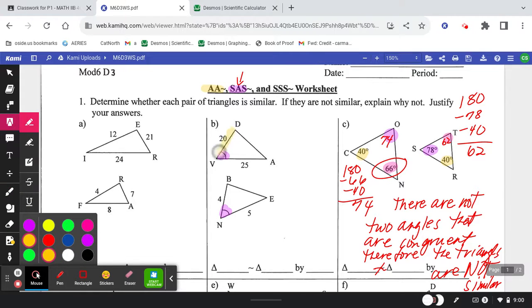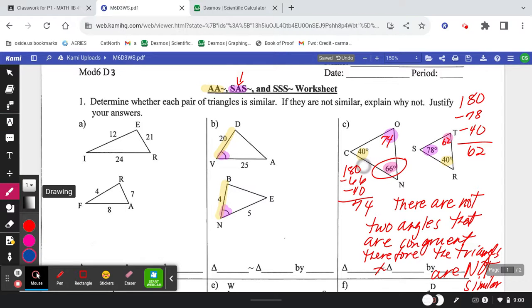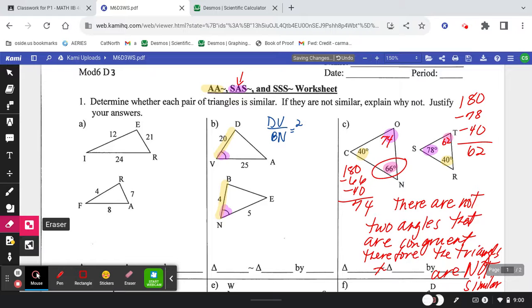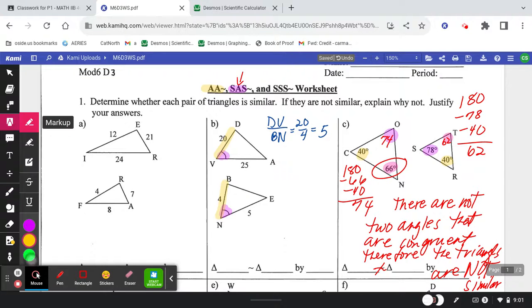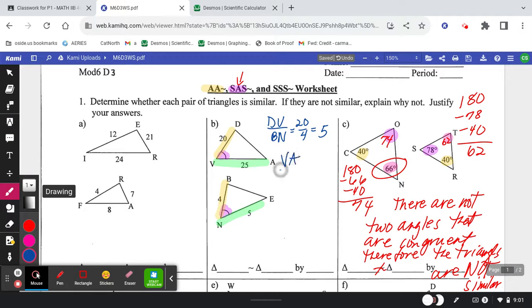So first I've got this side corresponding to this side. So let's write up a little proportion, a little ratio for that. We're going to say DV is to BN. So that's 20 is to 4. And then we're going to go for the other corresponding side, VA is to NE, or 25 is to 5.